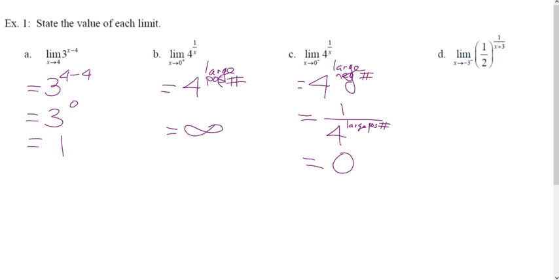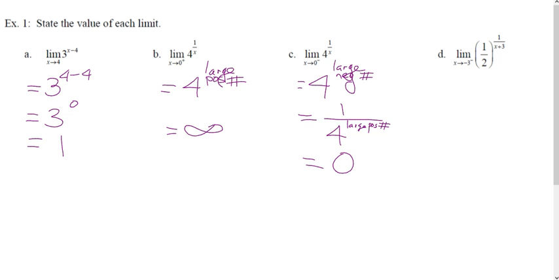All right, we've got the limit as x approaches -3 from the left. So what happens to this? So -3 from the left. Give me a number that's to the left of -3. So -3.001.